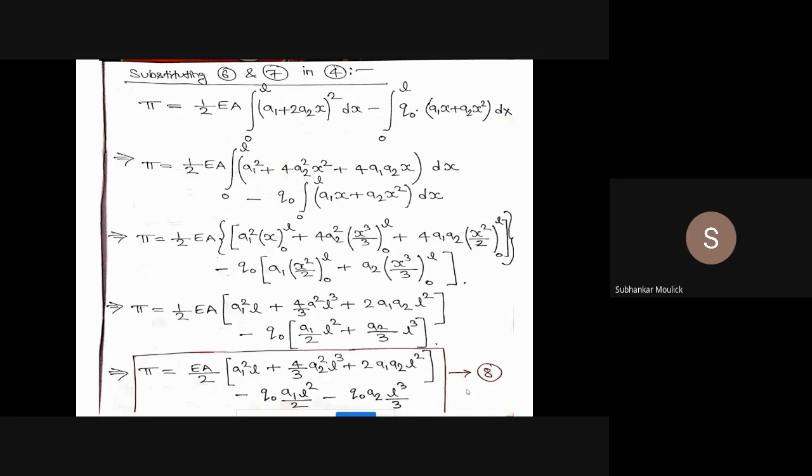This is the modified form of potential of the given problem in terms of unknown displacement coefficients a1 and a2. Is it clear? Equation number 8. Any doubt in this?